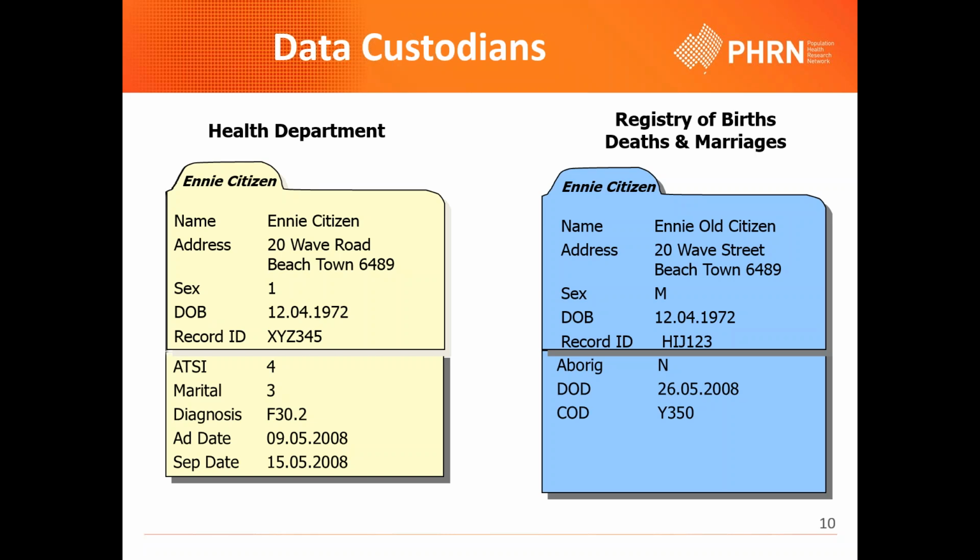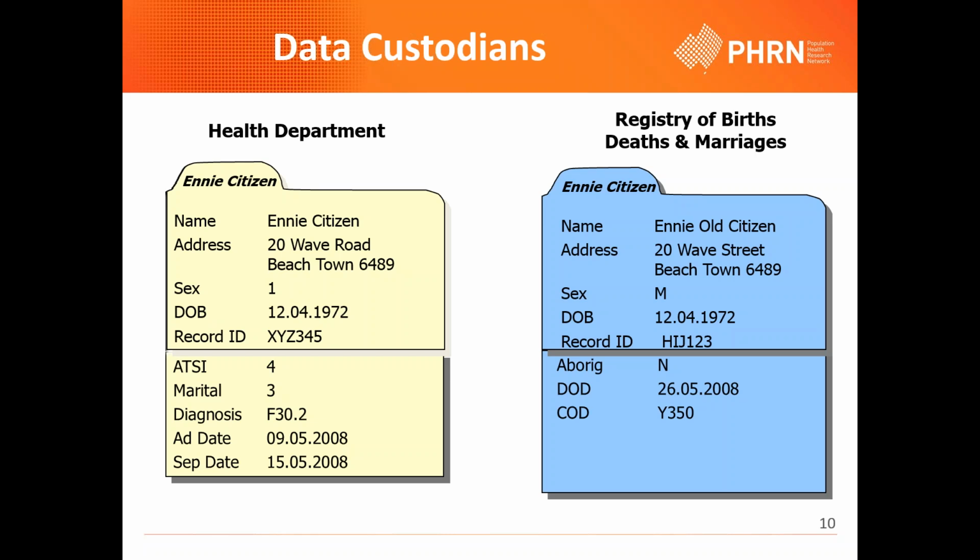If you just eyeball the two records, you can see that they're similar, but there also are some differences, not just in the way the data is recorded about the person, but also in the way the data is coded. So for example, sex in the hospital collection is coded by a numeric code, and in the death collection it's coded by M or F.